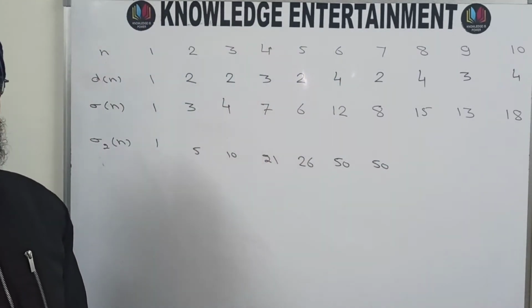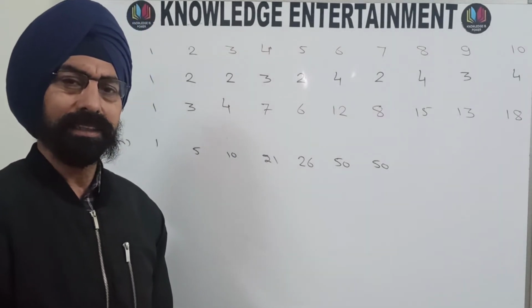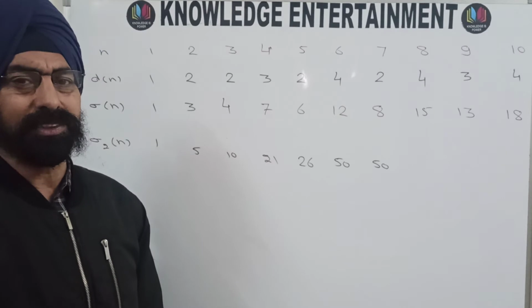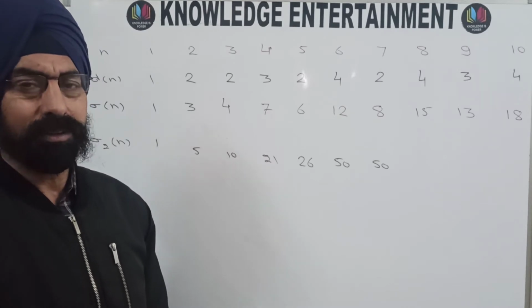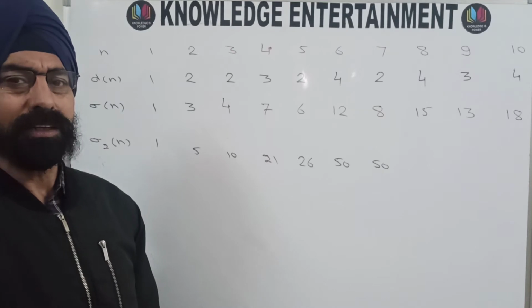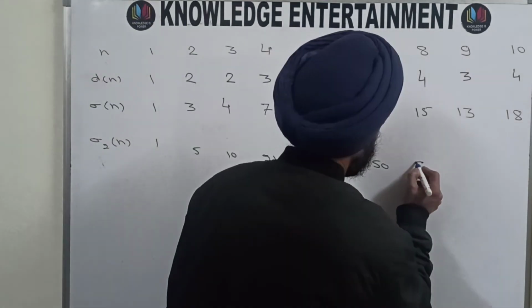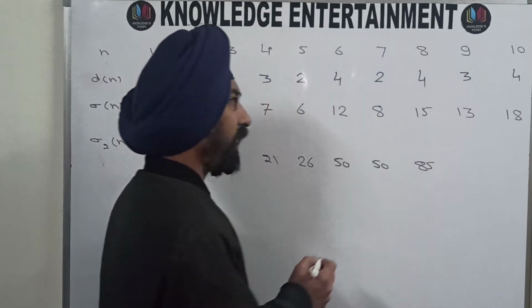For 8, the four divisors are 1, 2, 4 and 8 and the sum of their squares is 1 plus 4, 5, 5 plus 16, 21, 21 plus 64, 85. So it is 85.